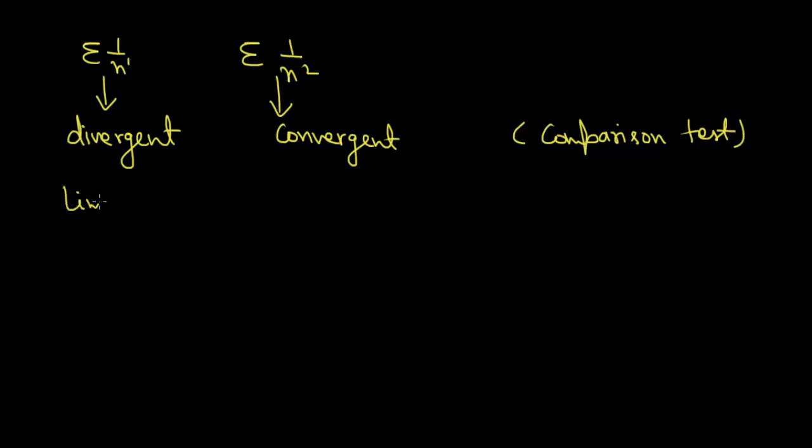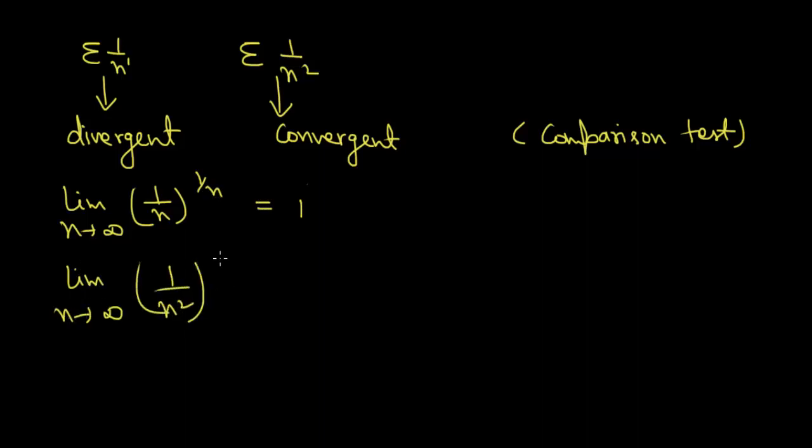But if you apply limit n tends to infinity of 1 upon n, whole power 1 by n, the result is 1. And similarly for the second series, 1 upon n square whole power 1 by n, applying the limit n tends to infinity and solving this, we get 1.